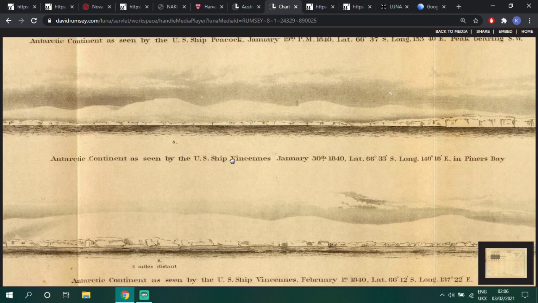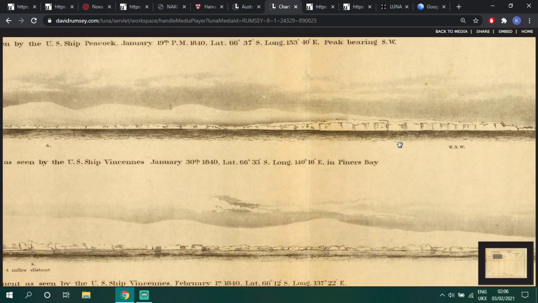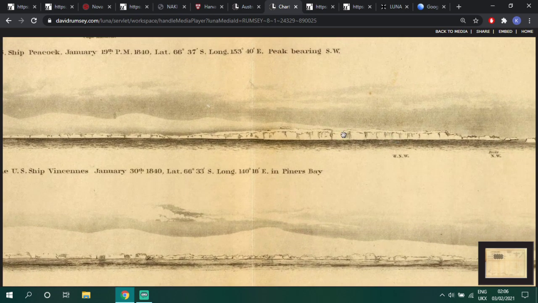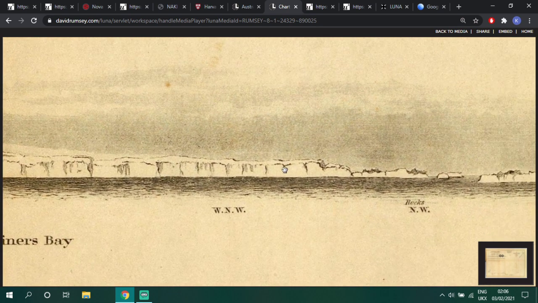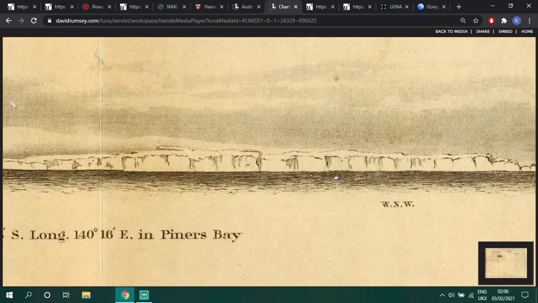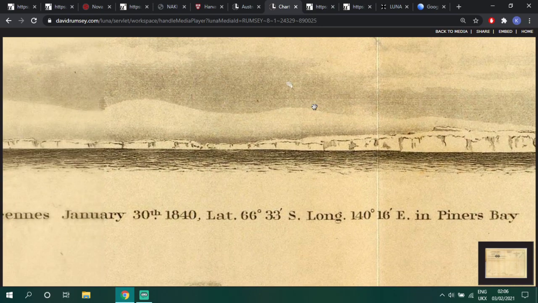So high, it must have been a massive part of the wall, which is not normal. Well, obviously perspective and that. We don't know how high these cliffs are, right? But you can clearly see that's a cliff face covered in ice. Land mass. What's that?